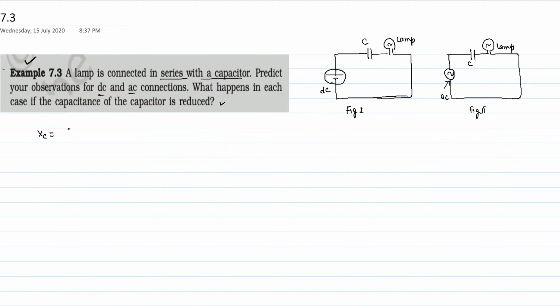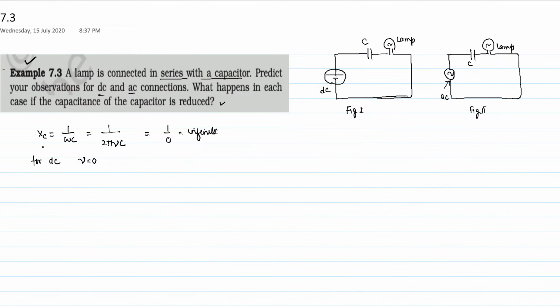In case of DC supply, capacitive reactance is equal to 1 upon omega C, which is 1 upon 2 pi nu C. For DC supply, the frequency nu is equal to 0 because it's a direct current. So Xc becomes 1 by 0, that is infinite.